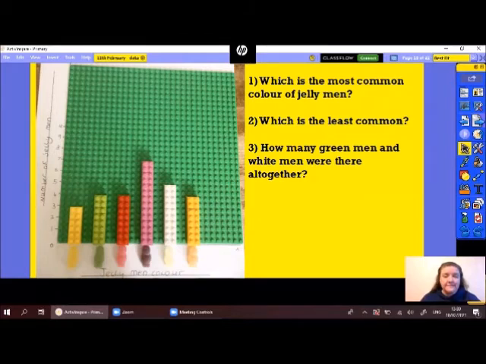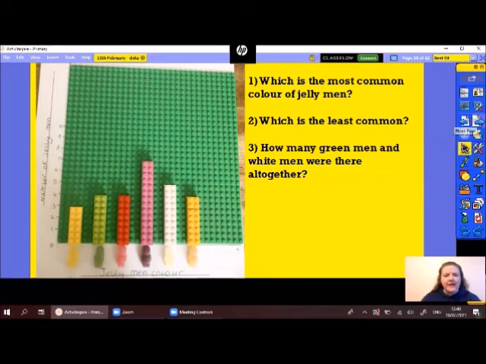And the answer is, well, let's have a look. Green men, there were 4, and white men, there were 5. So 4 add 5, the sum of 4 and 5 is 9.